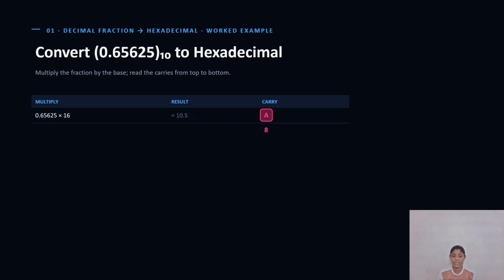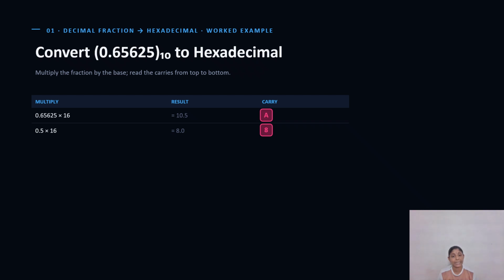In hexadecimal, you already know there is no 10, but 10 should be written as A. That's why I have written it as A. Next, the fraction is 0.5, so 0.5 into 16 is 8.0. 8 is an applicable value in hexadecimal.